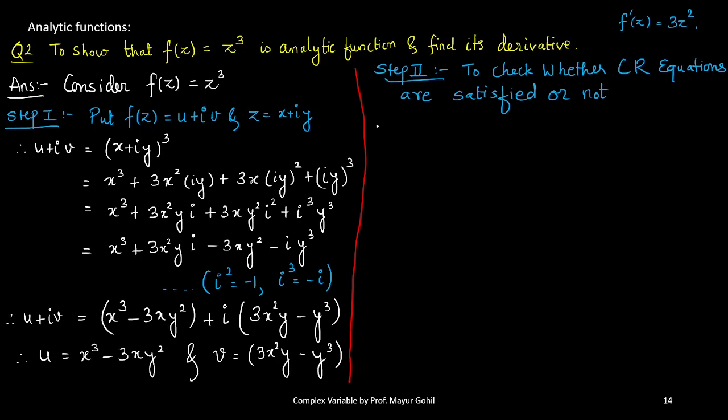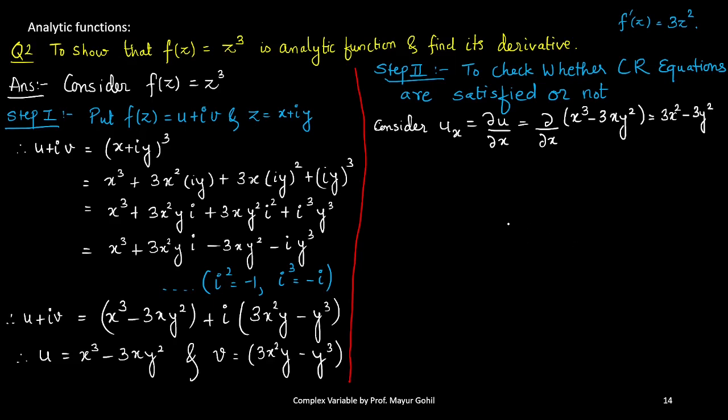First consider u suffix x, meaning the partial derivative of u with respect to x. The partial derivative of x cube minus 3x y square is 3x square minus 3y square.